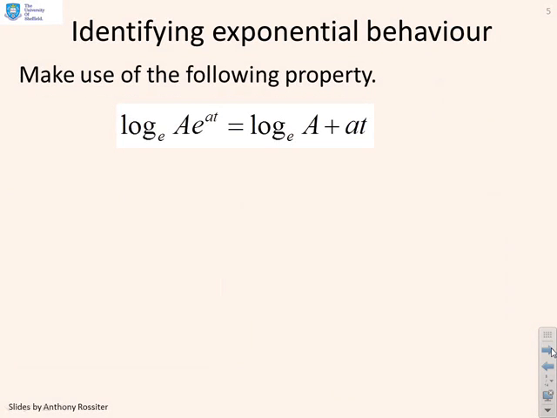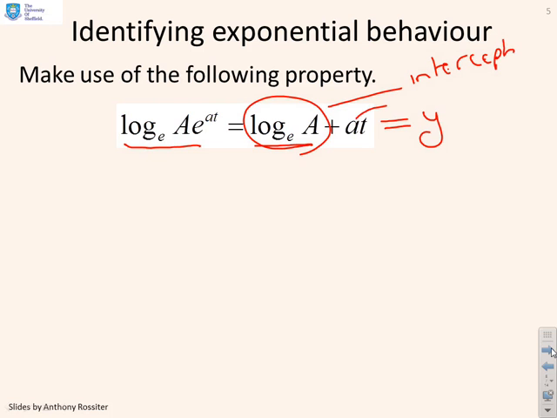What we're going to do is use this expression here, that log e of A e to the at is log e A plus at. And if I wrote that, for example, as equal to y, you can see clearly that's the equation of a straight line, where this is the intercept, and little a is the gradient.